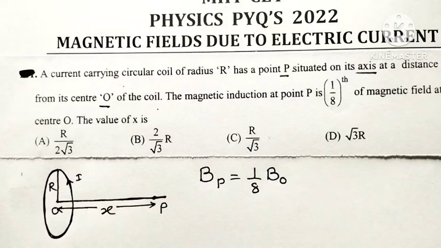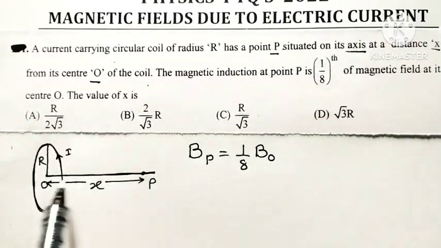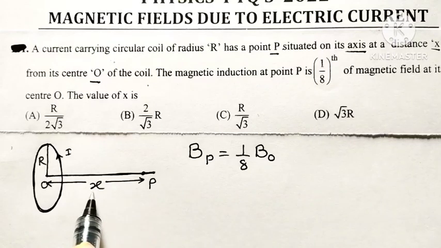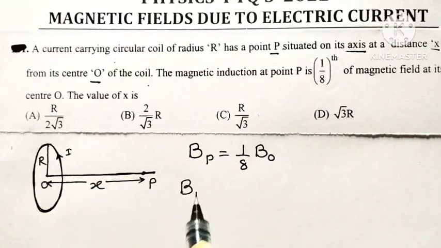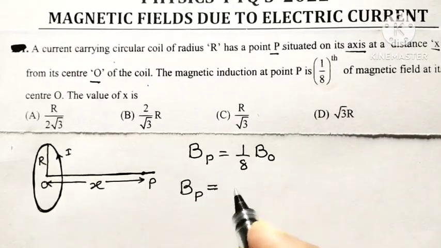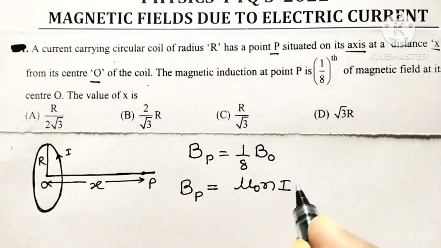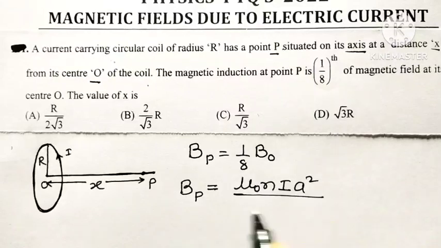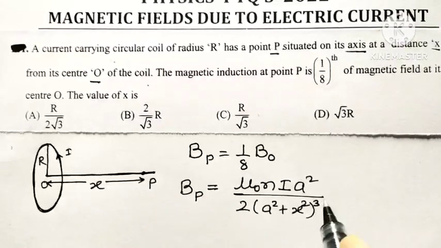Then the value of x is, now we know very well what the magnetic induction is at any point P along the axis of a circular current carrying coil, such that the point is situated at a distance x from the center O. It is given by the formula: magnetic induction at any point along its axis is mu 0 n i into a square divided by 2 times (a square plus x square) raised to 3 by 2.